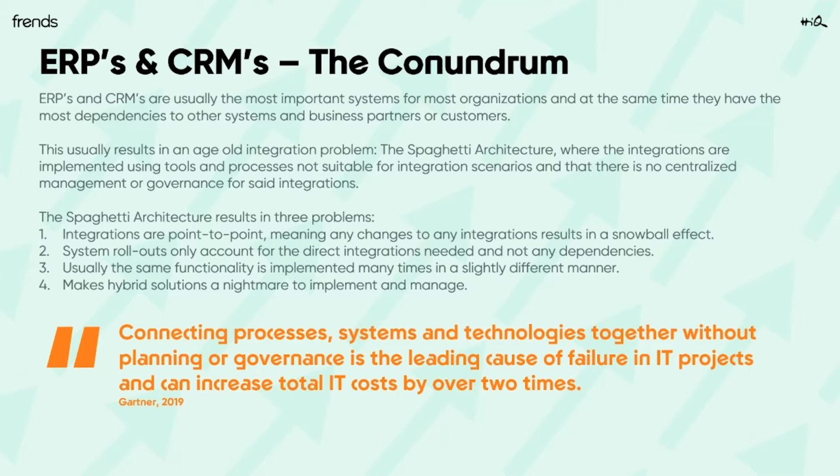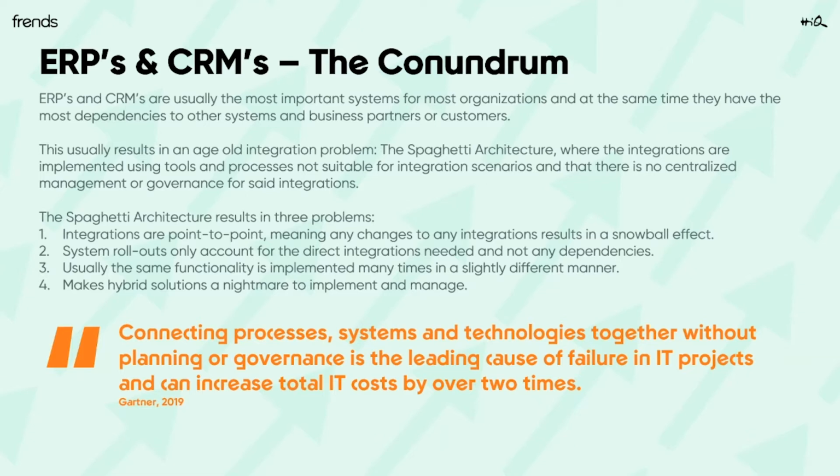So there's no architecture or platform or solution in place to mediate the data transfer between our critical system, such as the ERP, and all the other dependencies and constituents that system has.